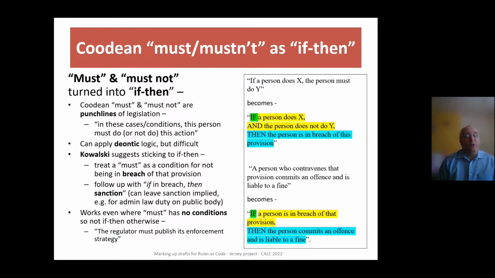We can also cast the must itself as an if-then by saying if the person doesn't do that, then the person is in breach of this provision. And off that you can hang offences or whatever other consequences there might be. Often, of course, when duties are imposed on public sector bodies, we don't expressly say anything about the consequence of not complying with a public sector duty, because we leave it to judicial review.